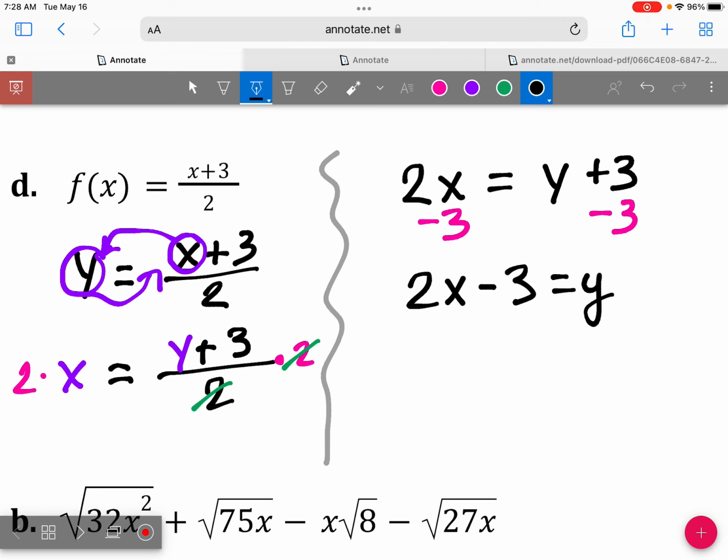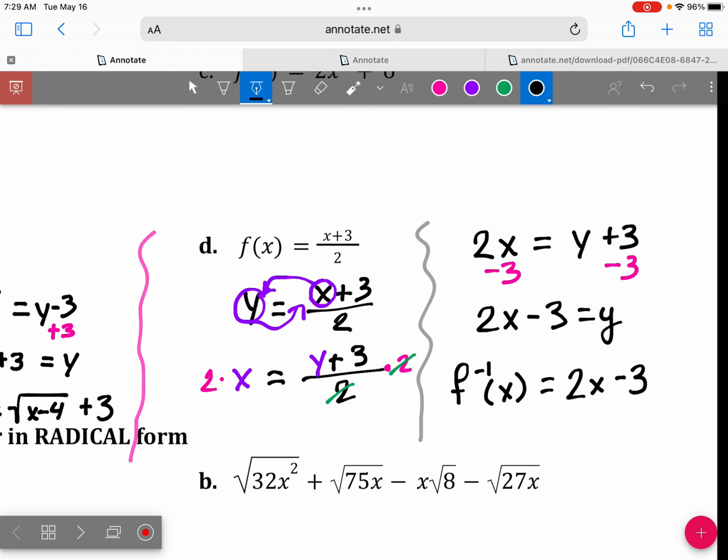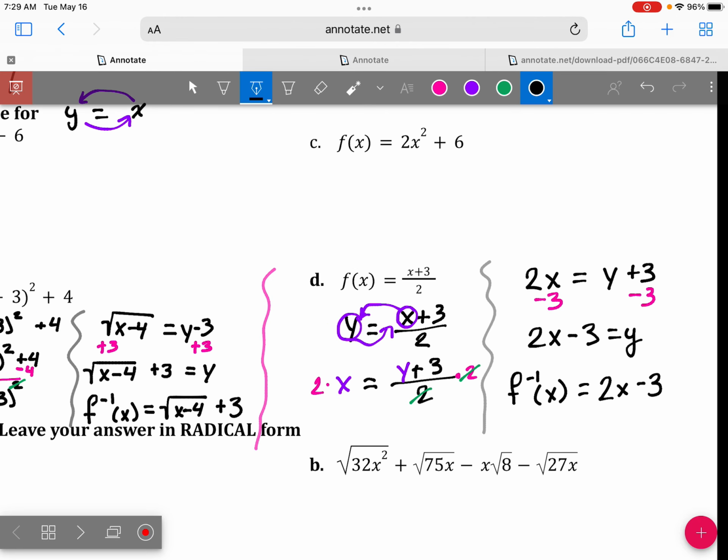And then our last step, I'm going to put it back in our inverse function notation, where we have f minus 1 of x equals 2x minus 3. So if you have a squared in your original function, you're going to wind up with a square root.